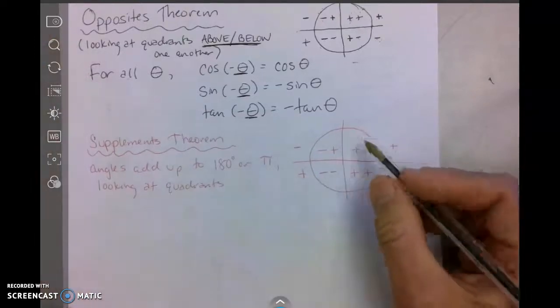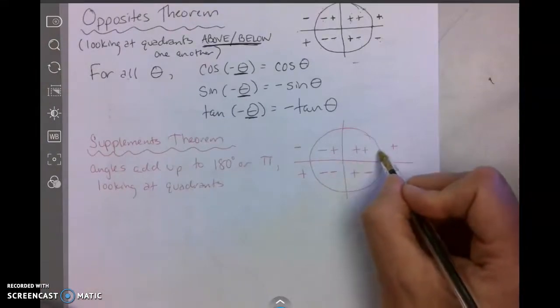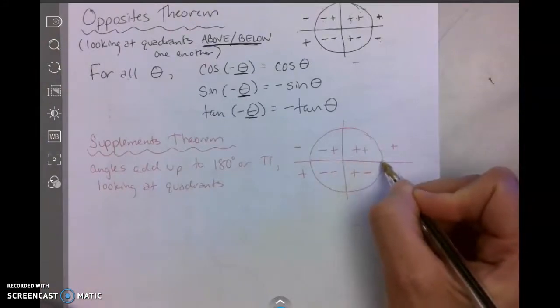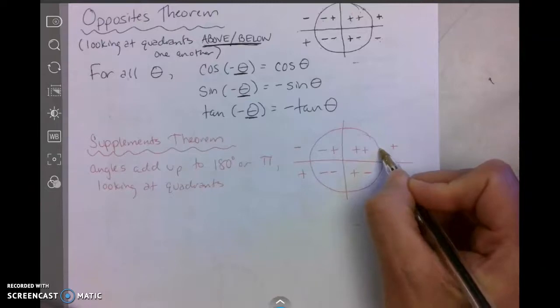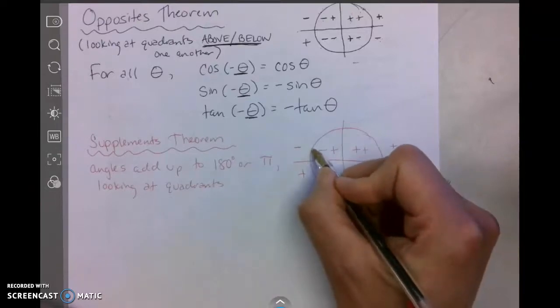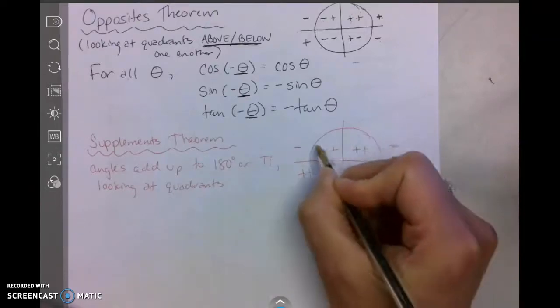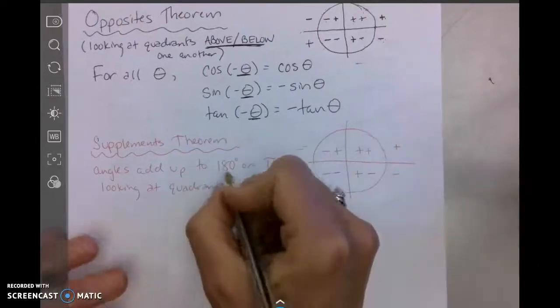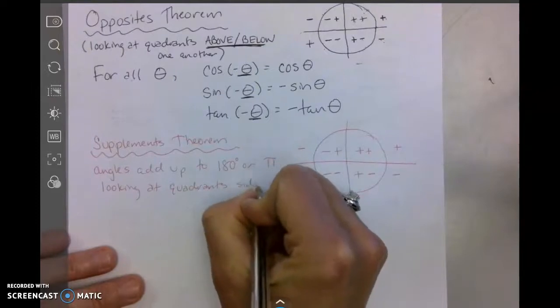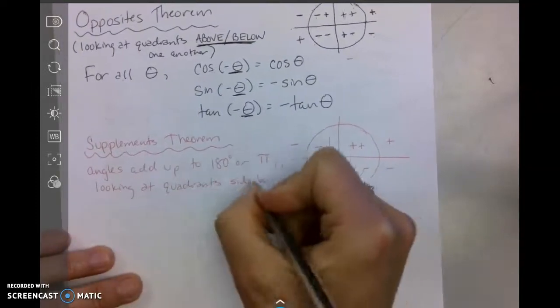All right, so if I was at 20 degrees up from the x-axis here, 20 degrees up from here is 160. 20 and 160 add to 180. So we are looking at quadrants side by side.